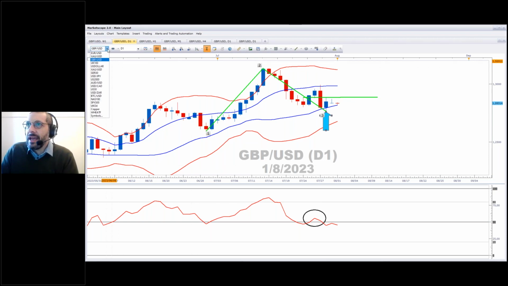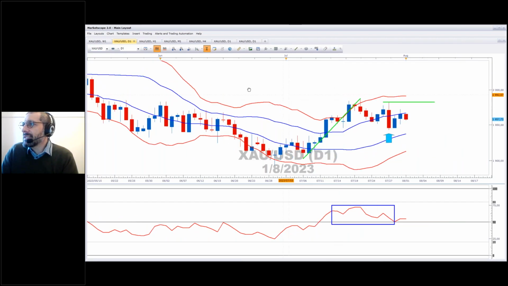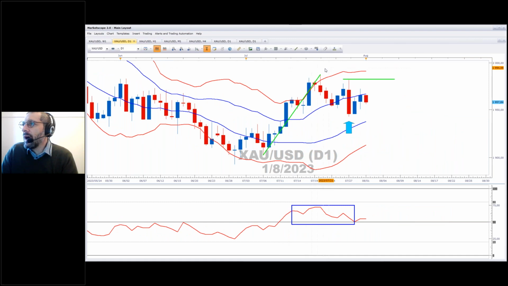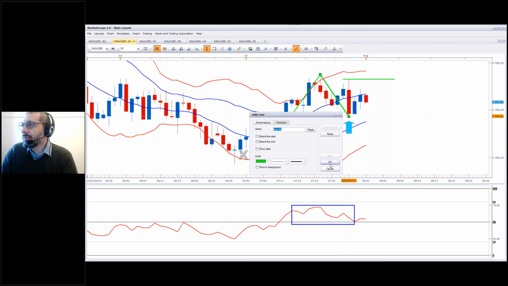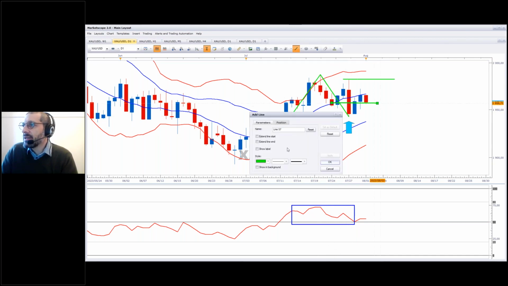All right, let's take a look at just 2 more: gold and DAX. All right, so what's interesting is that gold is not pulling back quite as much as the euro and the pound, but it has pulled back nevertheless and is just kind of moving sideways at the moment.